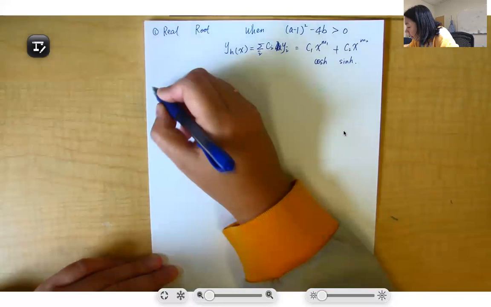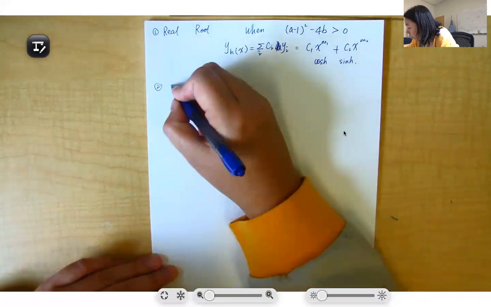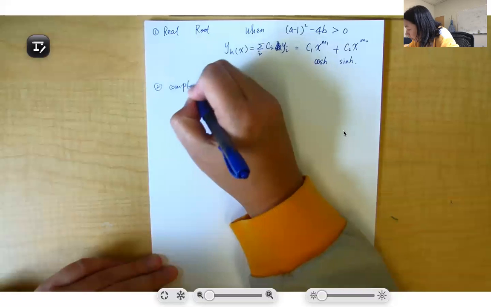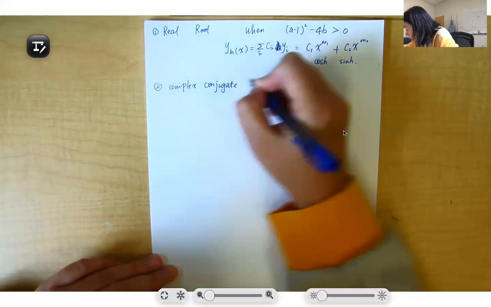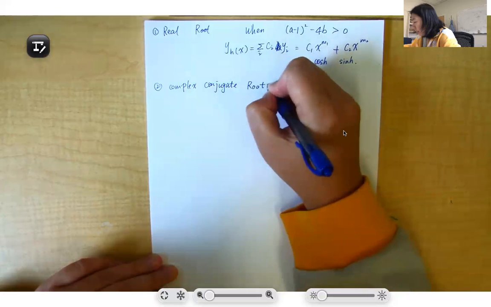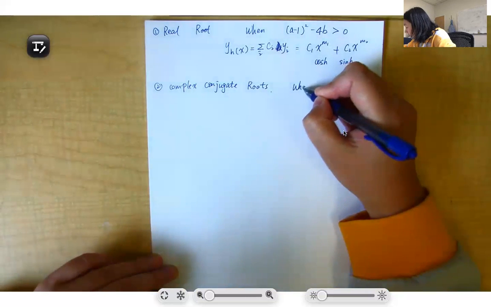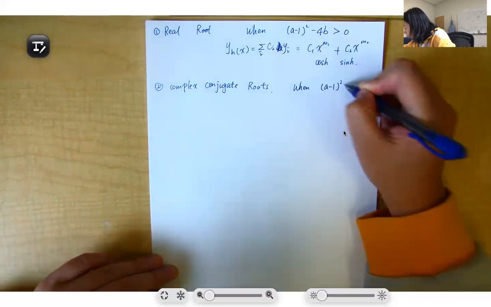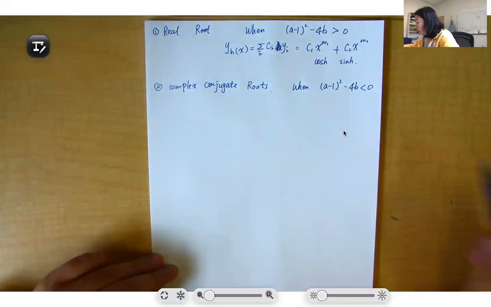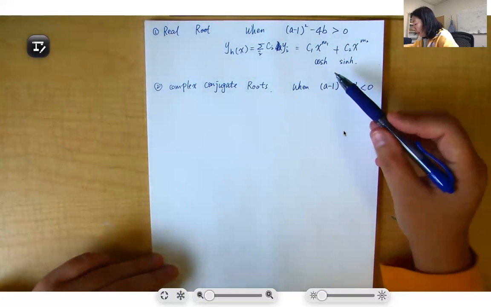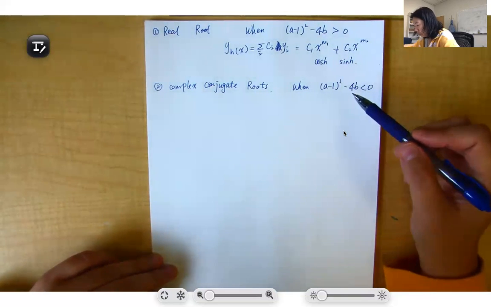Okay. Second will be the complex conjugate roots. And you know that is when your (a minus 1) squared minus 4b is smaller than 0. So that the root of this negative number will be a complex conjugate.